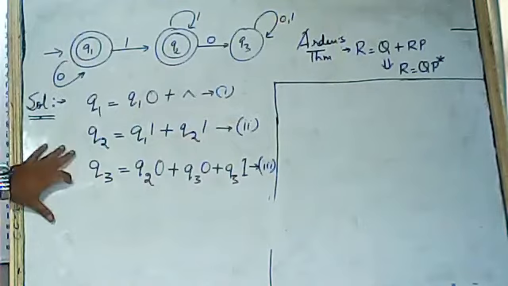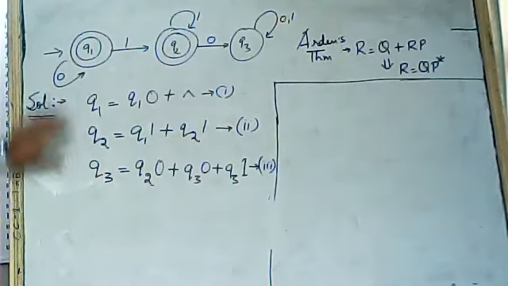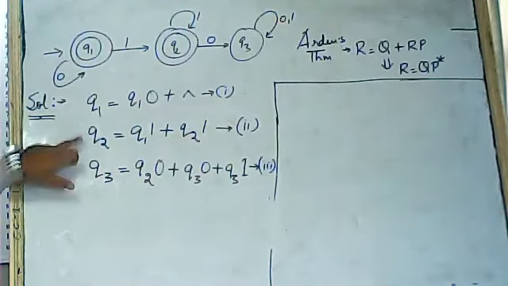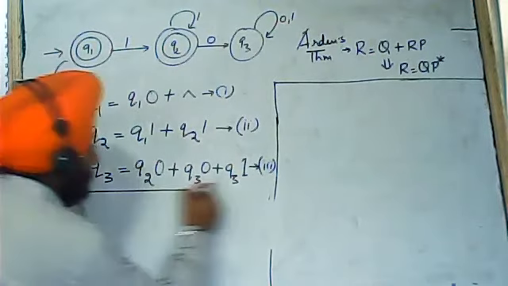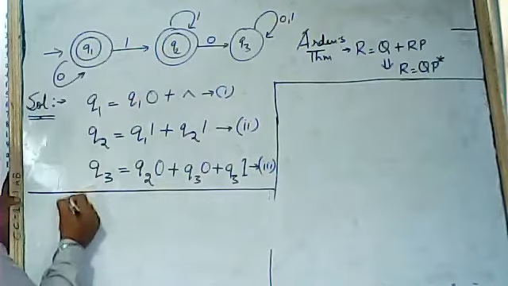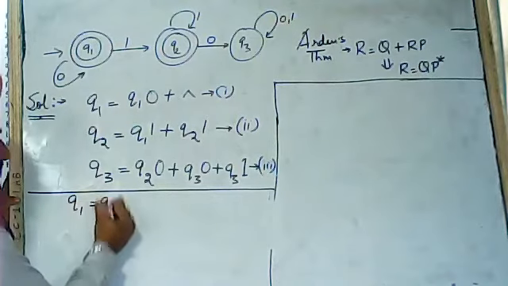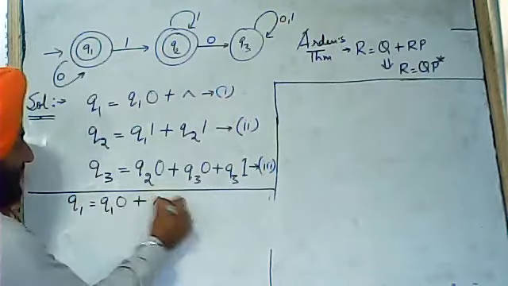So these are the three equations, but your final answer will be of the form of Q1 plus Q2, right? So let me write the equation for Q1 and try to solve it. So Q1 is equal to Q1 0 plus null.